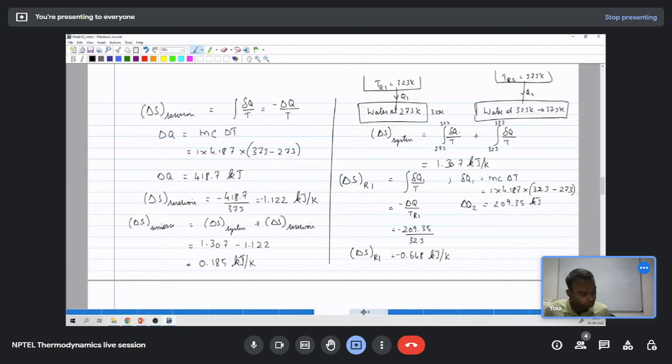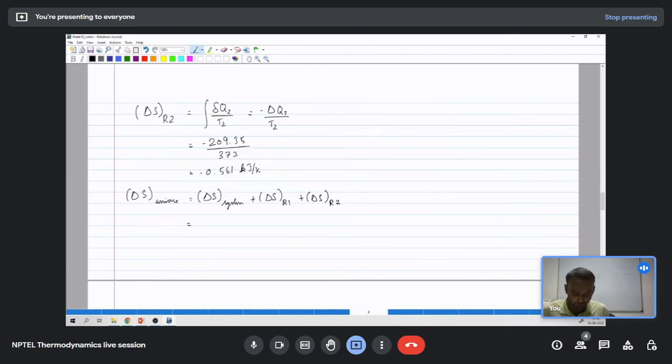Adding this up, we had change in entropy of the system as 1.307, minus, for the reservoir 1, 0.648, and for the reservoir 2 we had 0.561. So this becomes 0.098 kilojoule per Kelvin. So this is the change in entropy of the universe.